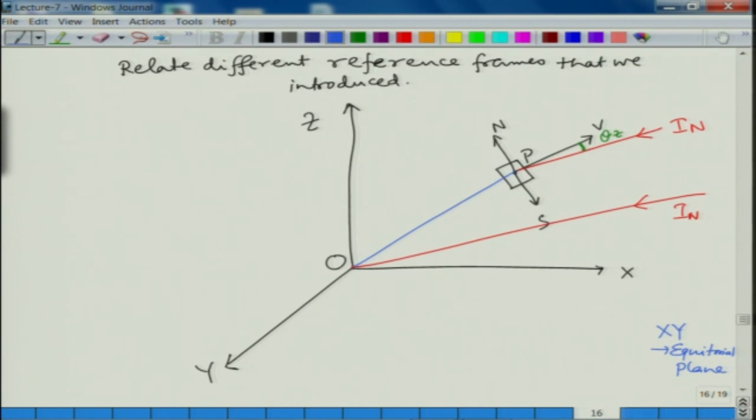Okay. Now, if you project this OP, the line joining the center of the earth and the observer location, if you project that, you will get this line. Okay. So, you have projected this projection on the equatorial plane.